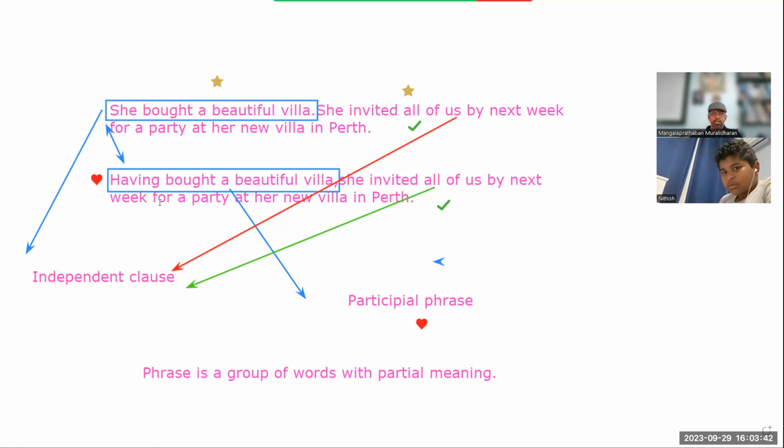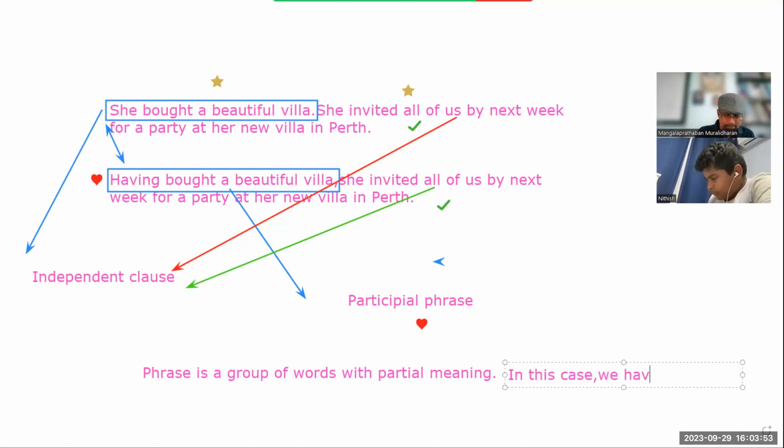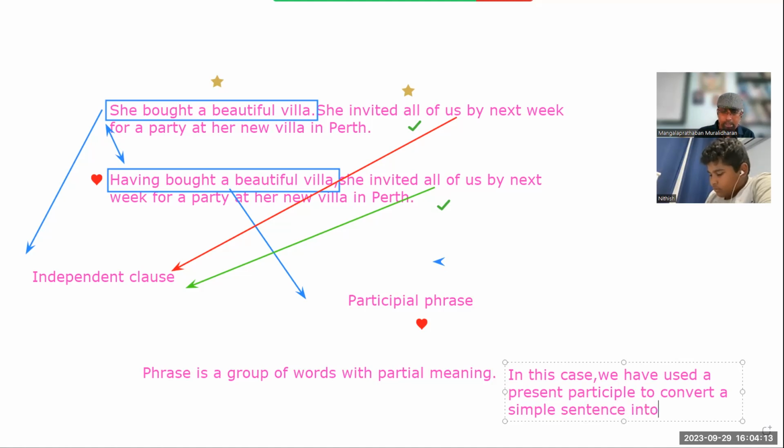So here, what is it? There is a participle there. What participle do you have? Present participle. So in this case, we have used the present participle to convert a simple sentence into a participial phrase.